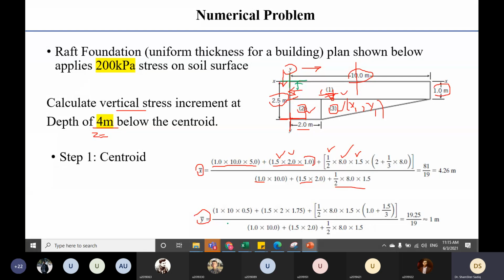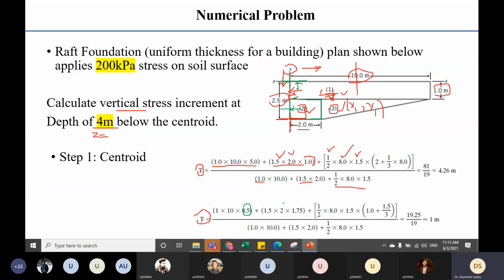So here you are having 0.5. So for area 2 you have 2 multiplied by 1.5, because this is your area 2. Okay, so 1.5 divided by 2 will be 0.75 plus 1. So this will be its moment arm.